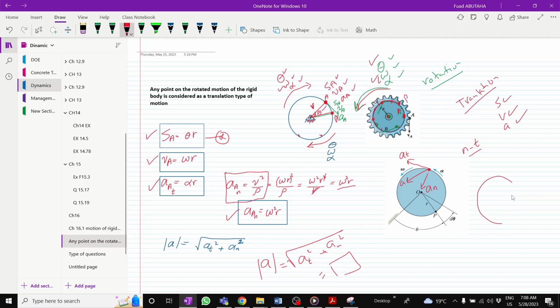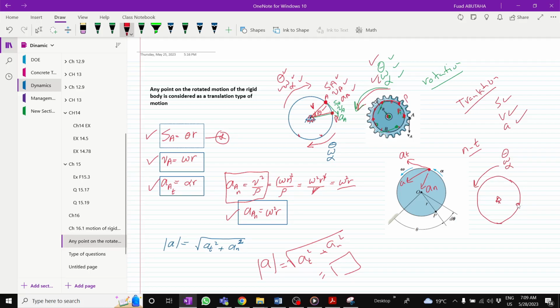We have this disk rotating at this fixed point. The rotation of the disk is a rotation motion. Since it's a rotation motion and it is also a rigid body, it will have theta, omega, and alpha information.